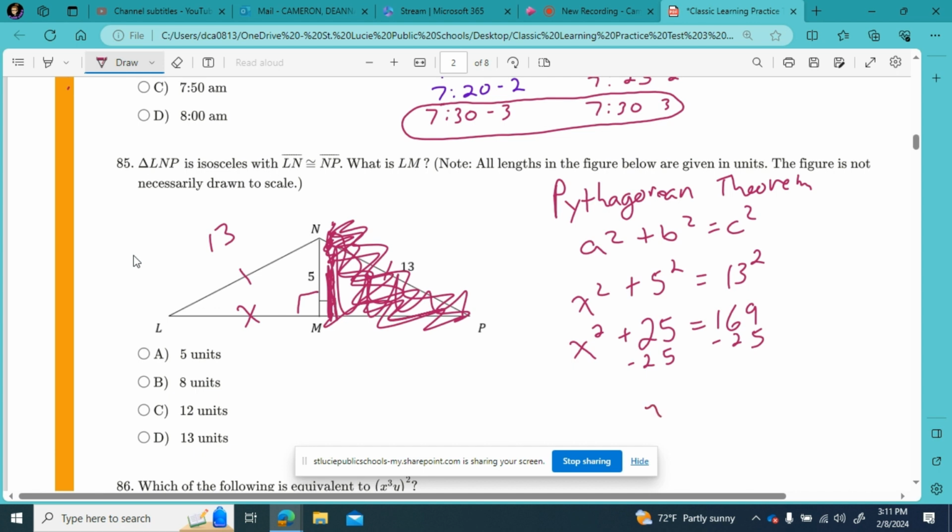So x squared equals 9 minus 5 is 4, 6 minus 2 is 4. Bring down the 1. What number squared equals 144? That's 12 times 12. So x is 12 units long.